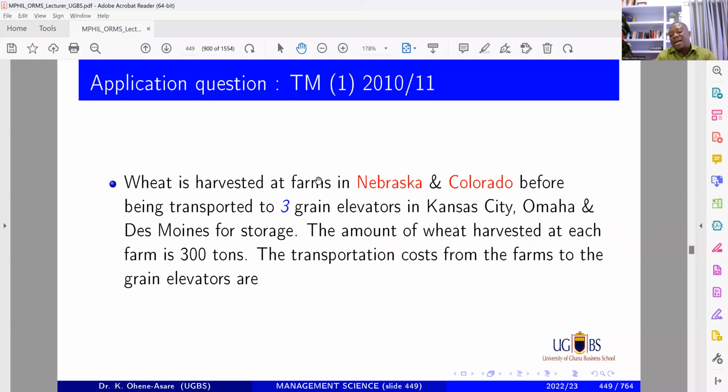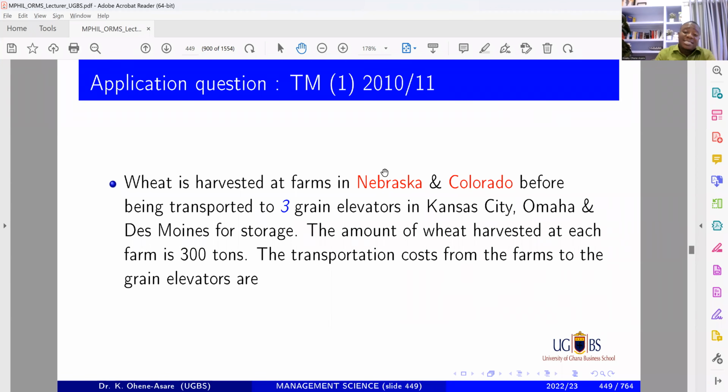Because the farms are in Nebraska and Colorado, before being transported to Kansas City, Omaha, and Des Moines, now Kansas City, Omaha, and Des Moines become transshipment nodes. They are no longer supply nodes.